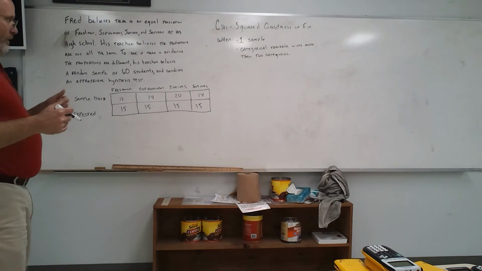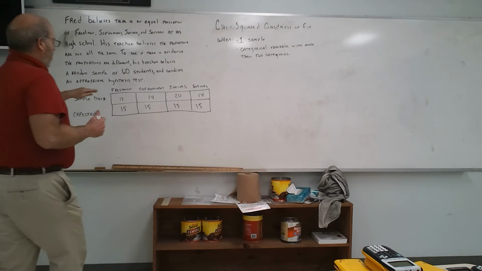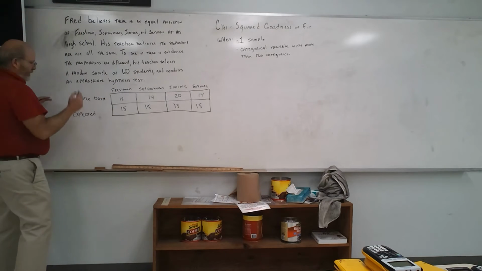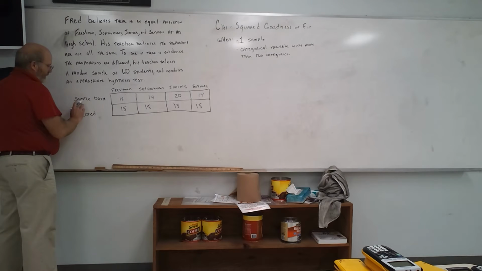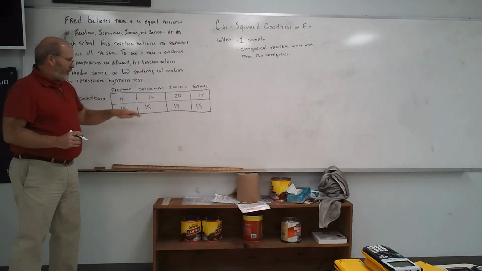We have one sample. We have a categorical variable with more than two categories. Our sample data, what we're also going to call, and what most people call when we do this test, is our observed data. It's what we get when we take a sample.